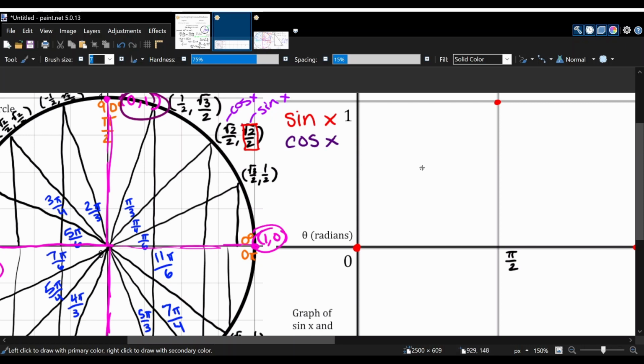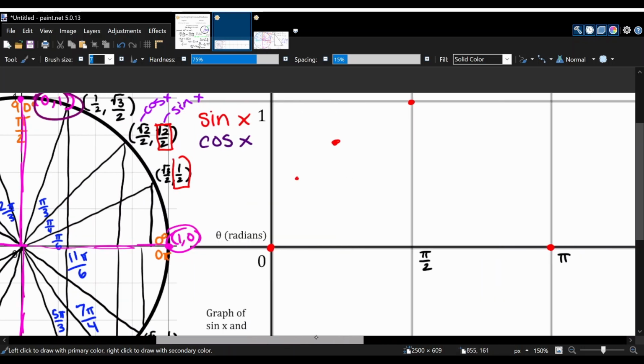But that's not going to be at exactly 1/2 like we would expect if it was just a straight line. And square root 2 over 2 is actually about right there. And if we want to check pi over 6, it is 1/2, so I would say it's about right there.